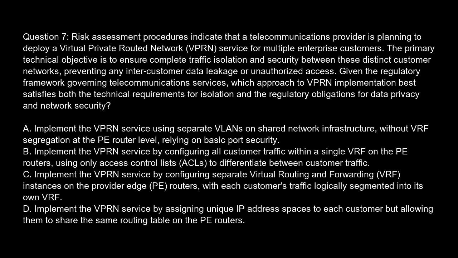Option C. Implement the VPRN service by configuring separate virtual routing and forwarding, VRF, instances on the provider edge, PE, routers, with each customer's traffic logically segmented into its own VRF. Option D. Implement the VPRN service by assigning unique IP address spaces to each customer, but allowing them to share the same routing table on the PE routers.